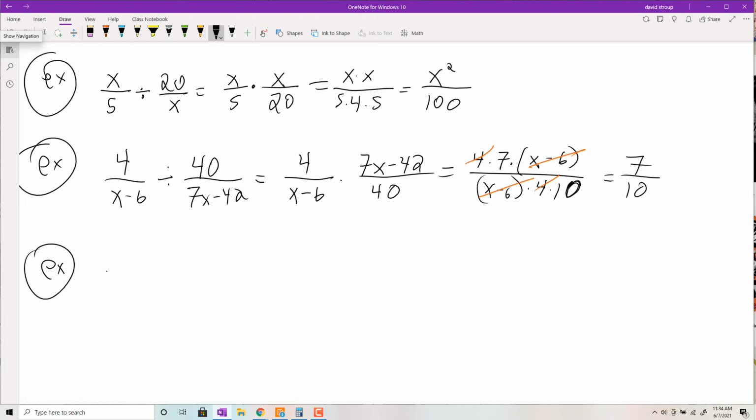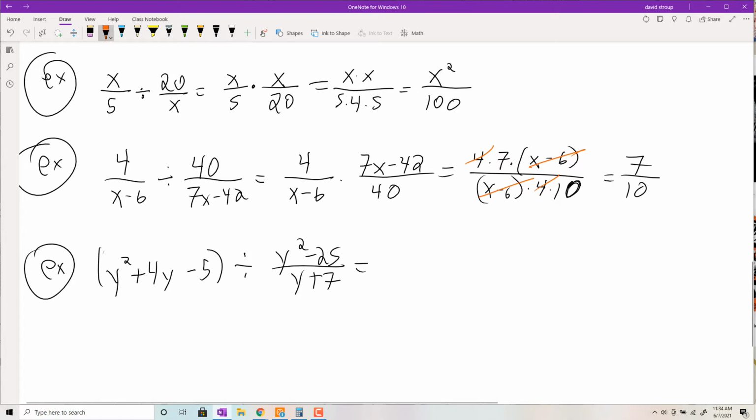This next one it kind of seems tricky, but it's not. Here we have the trinomial, y squared plus 4y minus 5, divided by y squared minus 25 all over y plus 7. Okay, so how do I handle this? Well, you can re-envision the trinomial in this first position as all over 1, right?